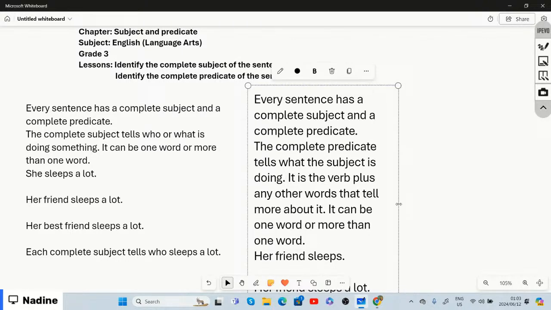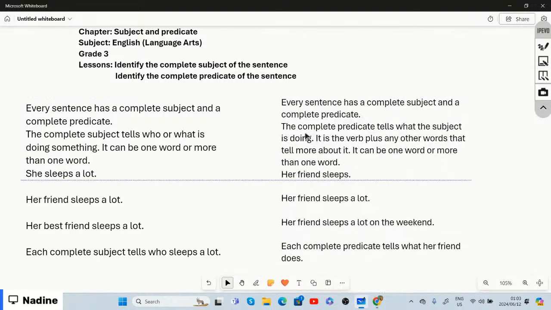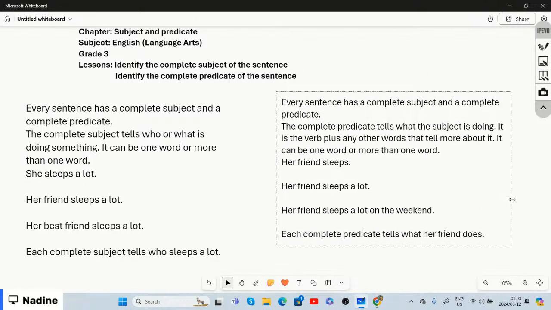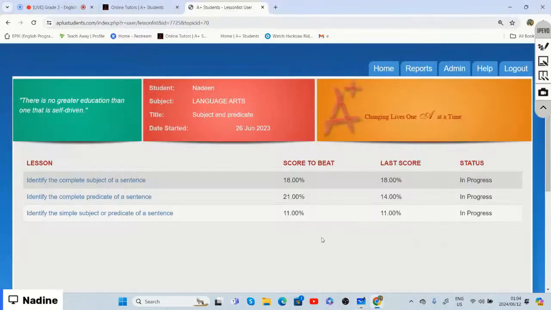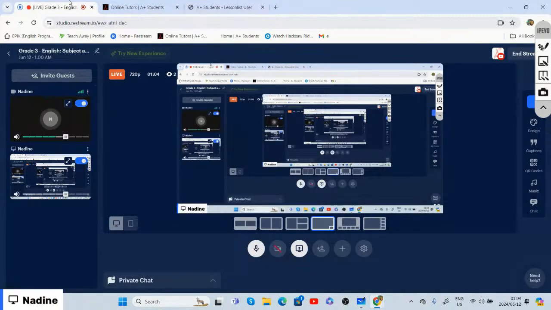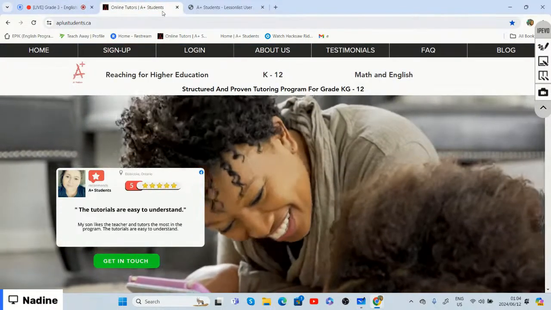Once we've logged on with our username as well as our password, we're going to select the subject of English Language Arts, grade 3.